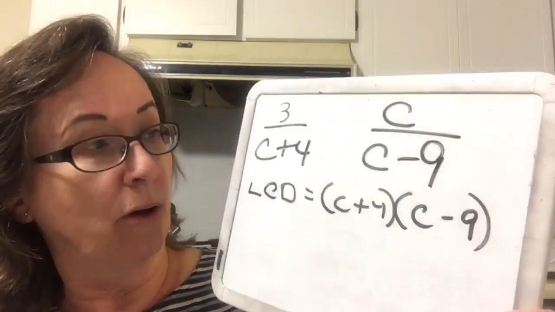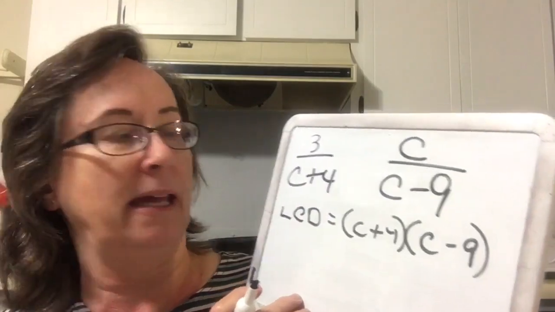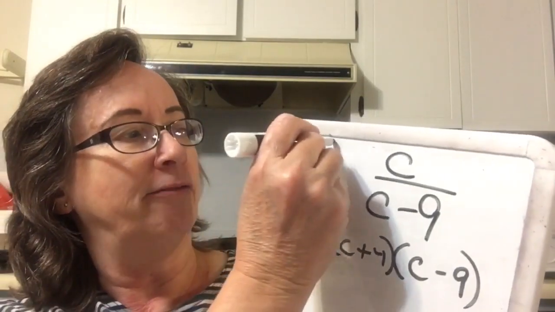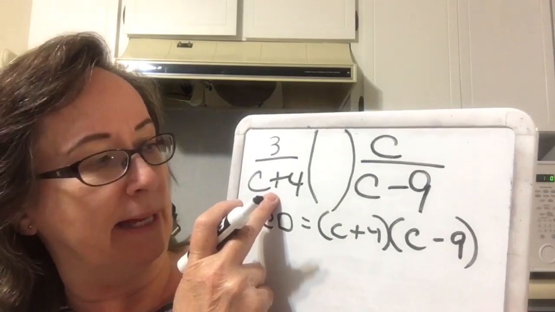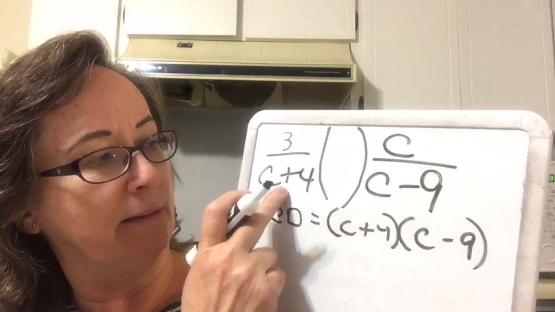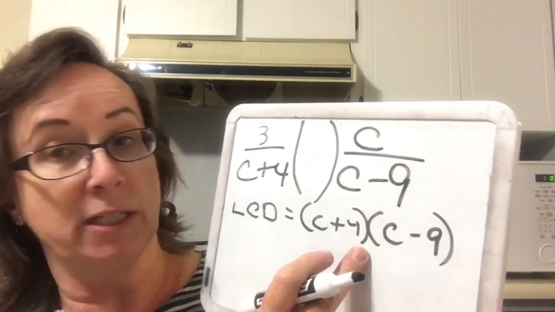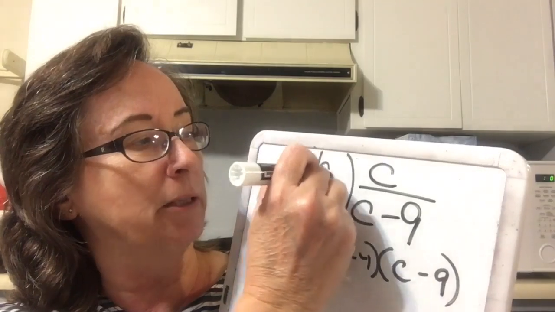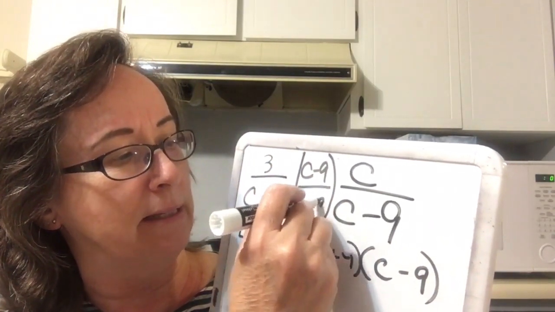Okay, so when I go to multiplying each one of these by 1, the form of 1 that I'm going to use to multiply this first one by is going to be what's missing between the old denominator and the new denominator I'm trying to get to, which is C minus 9. So I will multiply it by 1 in the form of C minus 9 over C minus 9.